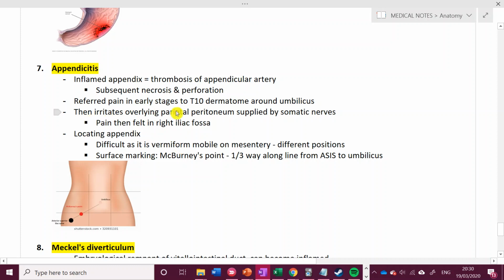In the early stages it's referred to the T10 dermatome, so you feel it in the skin around your umbilicus, and then it irritates the overlying parietal peritoneum, which is supplied by somatic nerves, which means that you can feel it. So the pain is felt in the right iliac fossa.